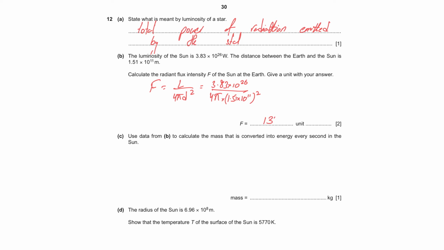The radiant flux intensity is equal to 1340. The unit would be watts for luminosity and d squared, hence meter squared. So watts per meter squared.